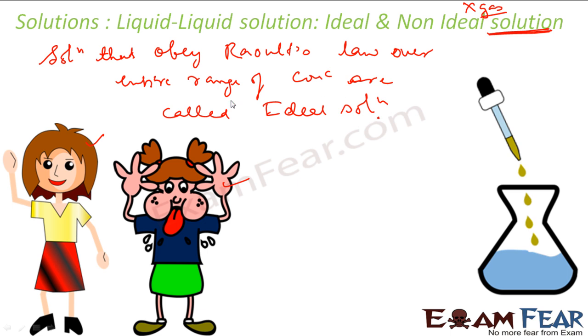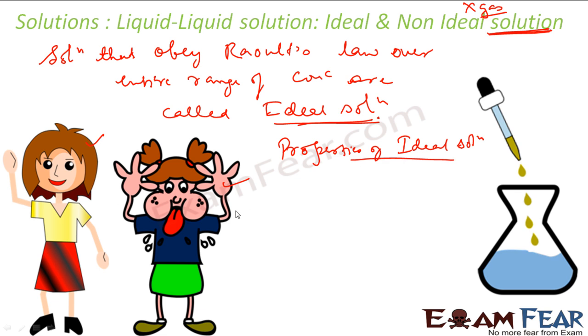When they say entire range of concentration, a solution may obey Raoult's law when it is dilute, but may not obey Raoult's law when it is concentrated. So if a solution obeys Raoult's law over the entire range, whether dilute, concentrated or medium, it is an ideal solution. The reason we are studying ideal solutions is because of some properties of ideal solutions.